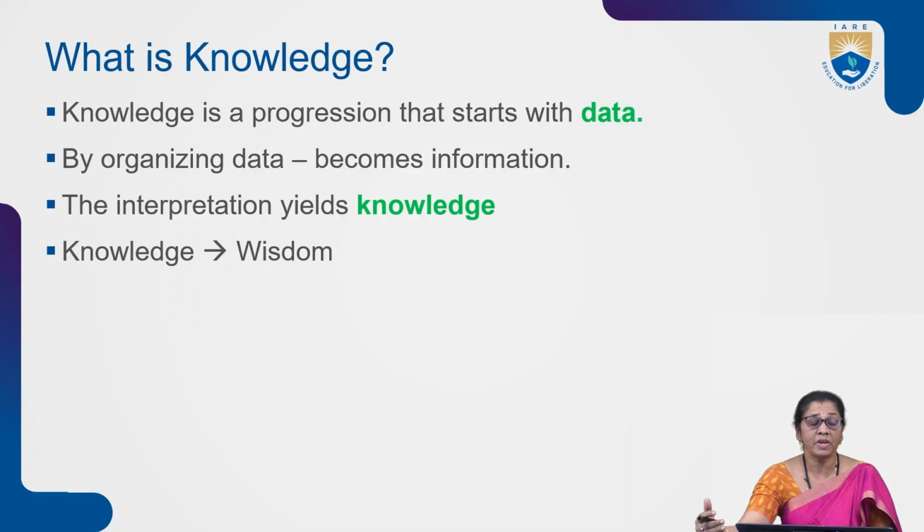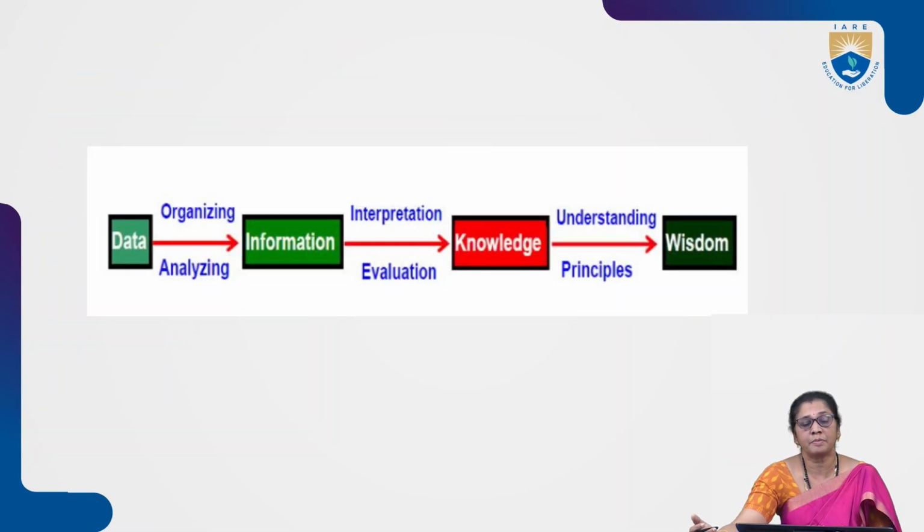Then we interpret this information, and the interpretation is knowledge. And this knowledge then becomes wisdom. This can be explained diagrammatically, showing how data is transformed into information, information into knowledge, and knowledge finally becomes wisdom.